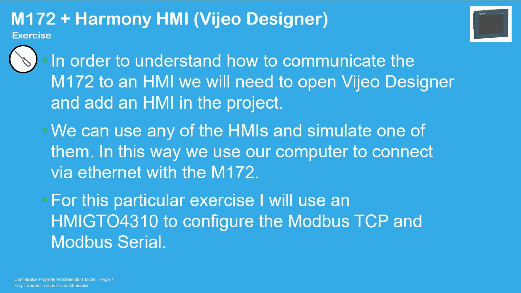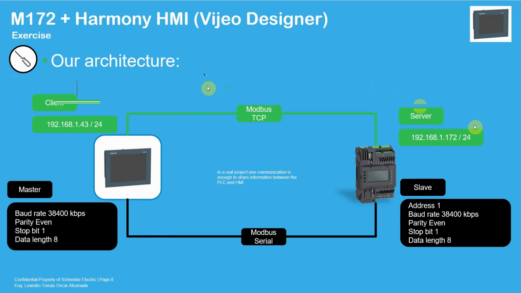So first, what we need to do is to configure the devices that we're going to use from the Vijeo Designer. Okay, so in our Vijeo Designer, we have an equipment over Modbus serial and another equipment over Modbus TCP. So the idea is to have this communication, okay, the HMI the client with this IP and mask to communicate over Modbus TCP to the PLC with this IP address already defined.